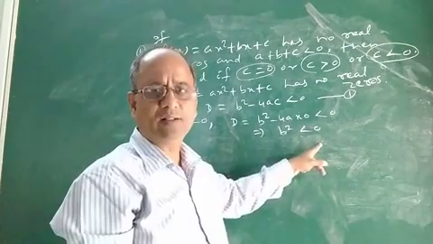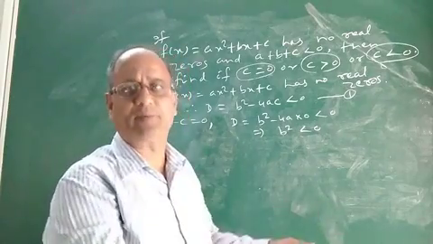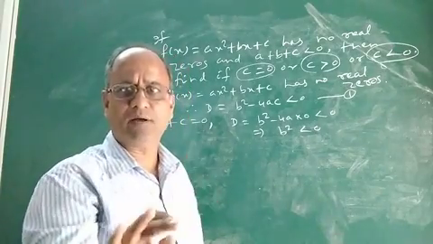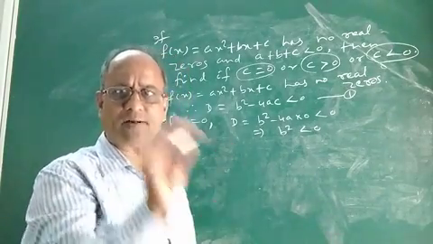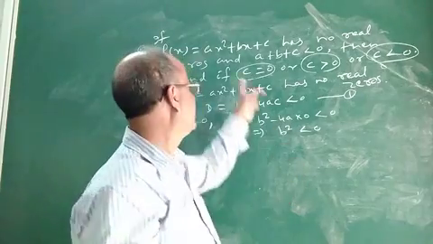Is it possible that the square of a number is negative? No, the square of a number cannot be negative. The square of an integer cannot be negative. Here a, b, c are integers in this polynomial.